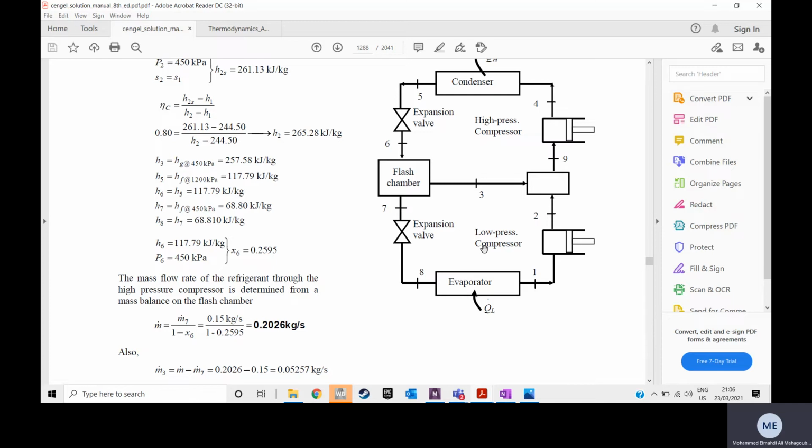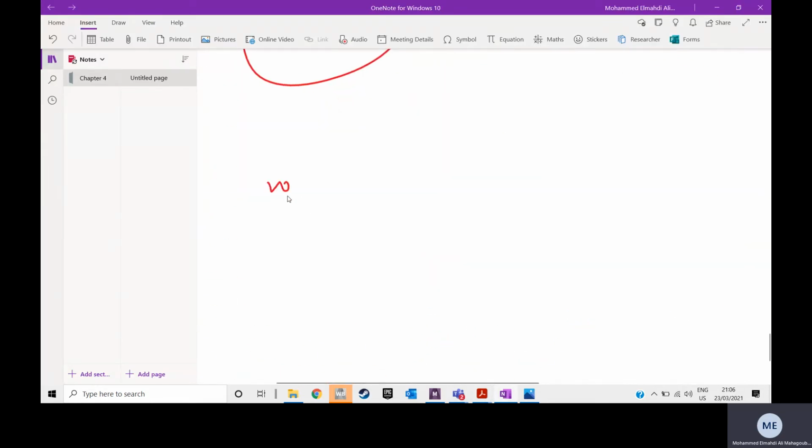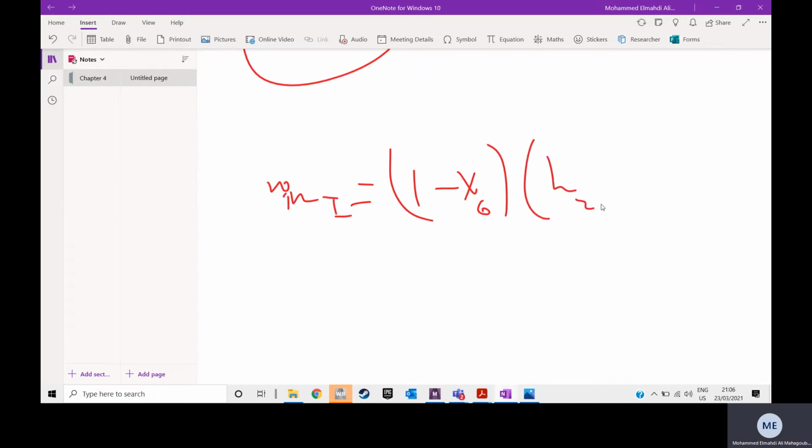If you are finding power, okay, multiply by m dot. So now I'm finding specifics, and then at the end I'm going to multiply by m dot. Okay, so because now I'm finding specifics, the specific work in 1 is 1 minus x6, the percentage without the m dot, times h2 minus h1, of course actual.